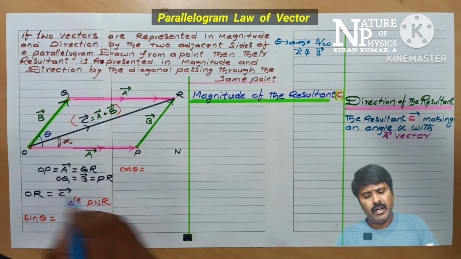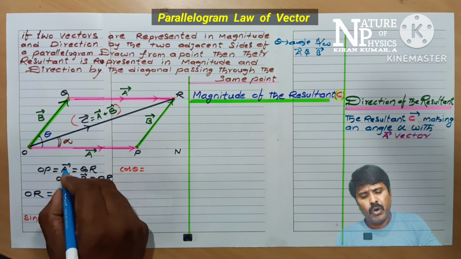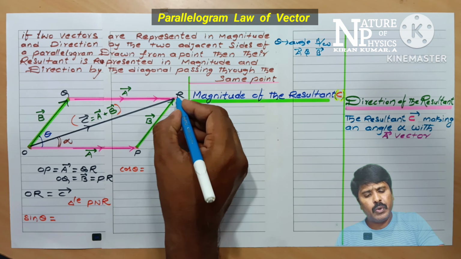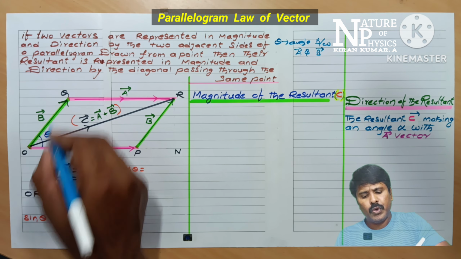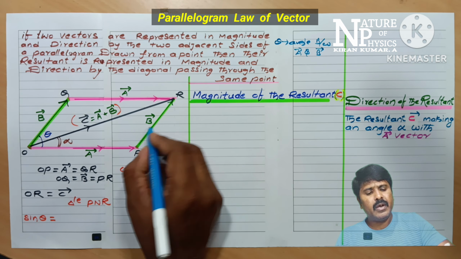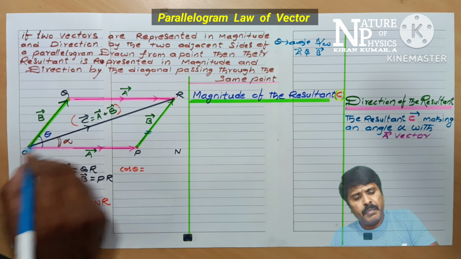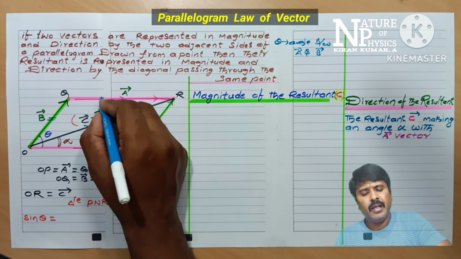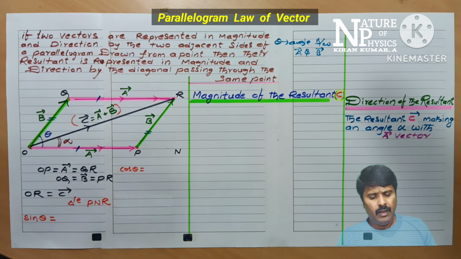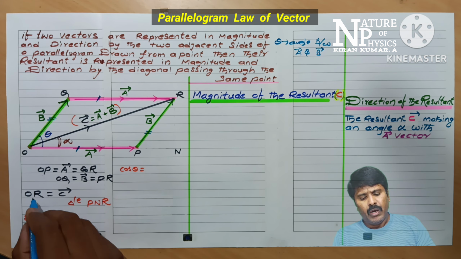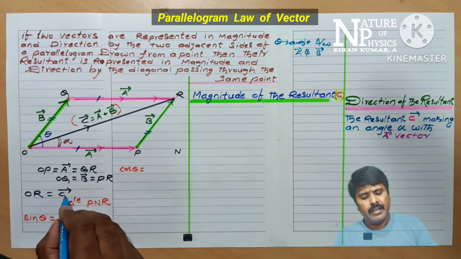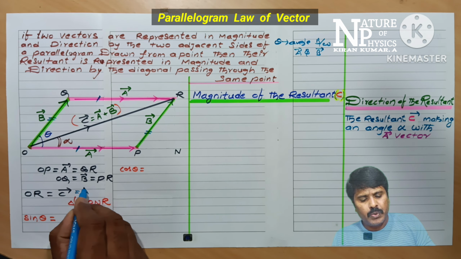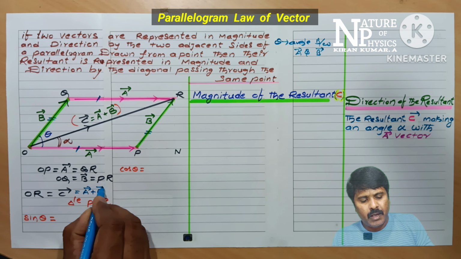We can write here OP, which is equal to A bar, is equal to QR, and also OQ is equal to B bar, which is equal to PR, student. Like this we can represent that opposite sides are equal. Then OR represents the resultant C bar, which is equal to A bar plus B bar.